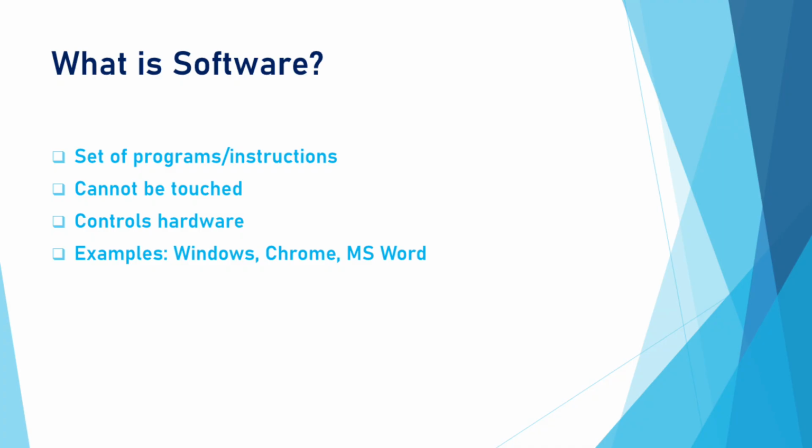Now let us imagine a real world situation. We are going to buy a laptop. If it has no operating system or no set of instructions installed onto it, you won't be able to do much with it. You cannot do anything.